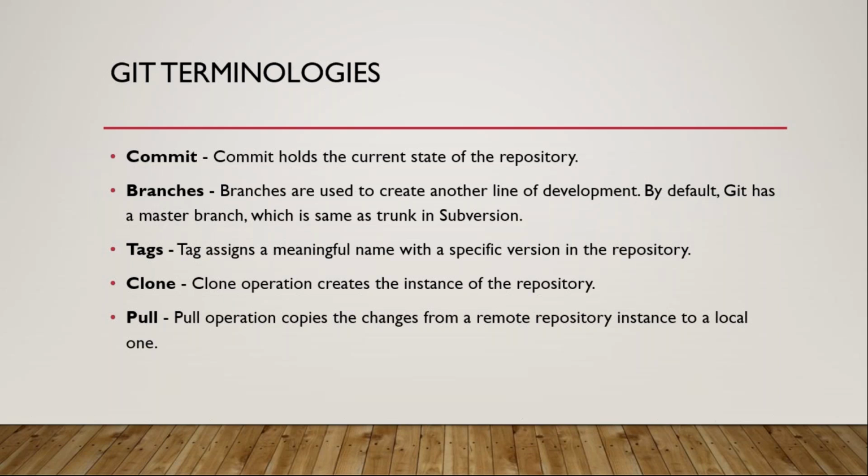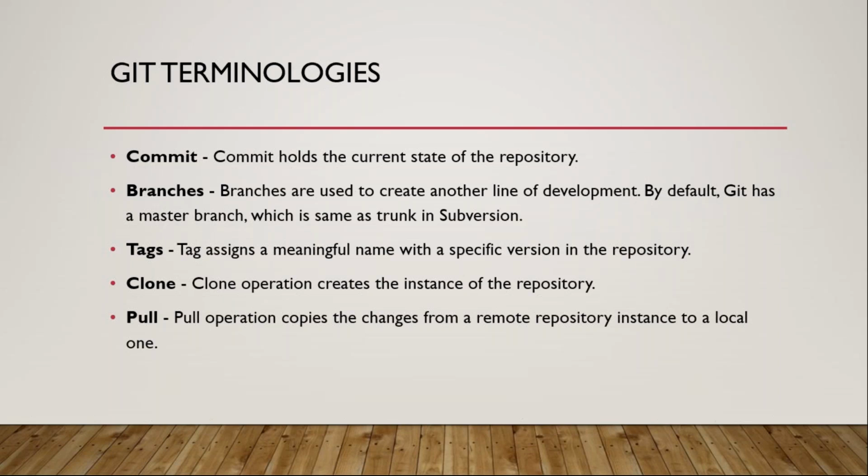The first thing is a commit. The commit here is identified by an ID. Each commit will have an ID, and what it holds is the change you made, like a one line change or two line change, or maybe a complete file or multiple files.